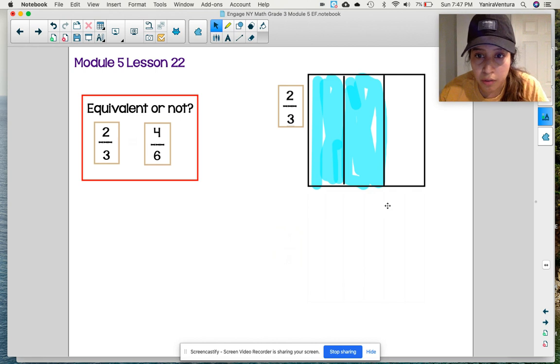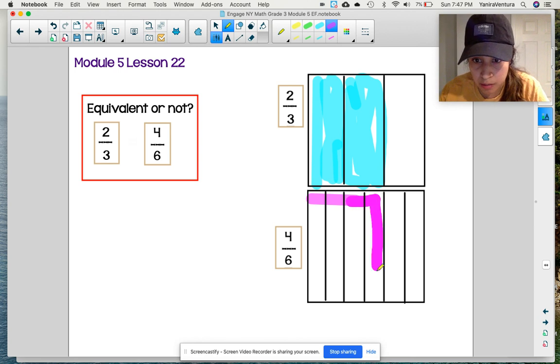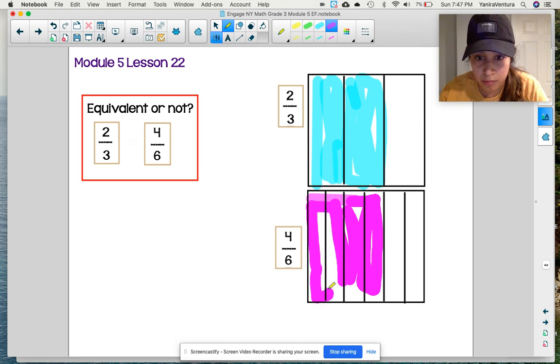Using another fraction model of the same size, we are going to show 4/6. Let's go ahead and cover or shade in 4/6 as best as I can.